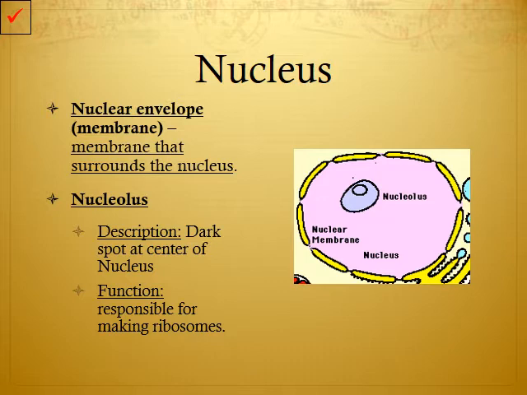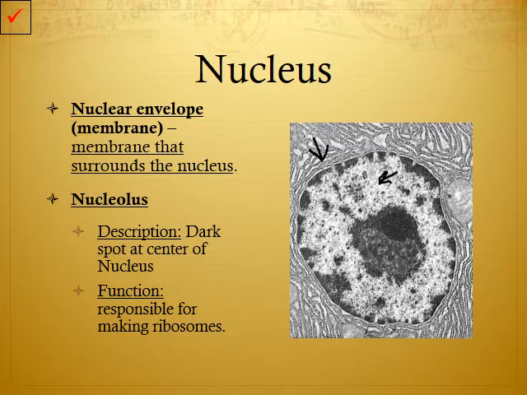So on the outside here, we have the nuclear membrane, or envelope, and then right here, we have our nucleolus. And remember, this is all found within the nucleus itself. So if you wanted another look at it, here is our nucleolus, dead smack center of the nucleus.